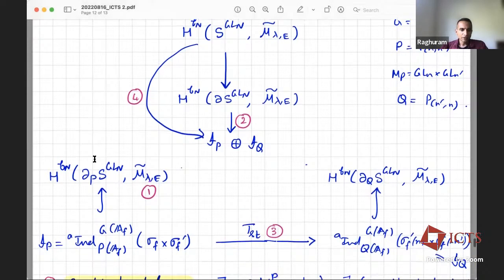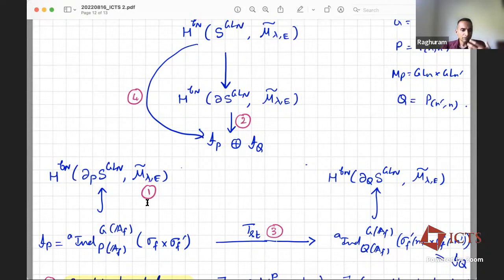The game starts here. I start with sigma and sigma prime, and I work with this algebraically induced representation from the parabolic P to the group G of sigma cross sigma prime. By algebraic induction I mean it's not normalized parabolic induction.